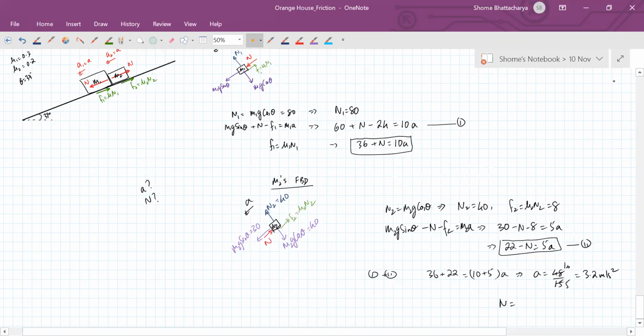It looks like there is some mistake here because I'm getting n with a negative sign. Shouldn't be getting n with a negative sign.